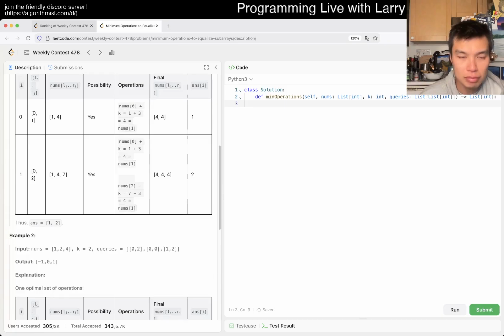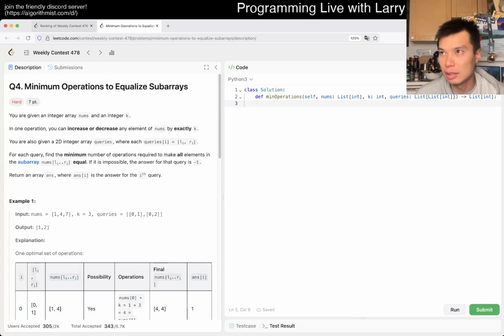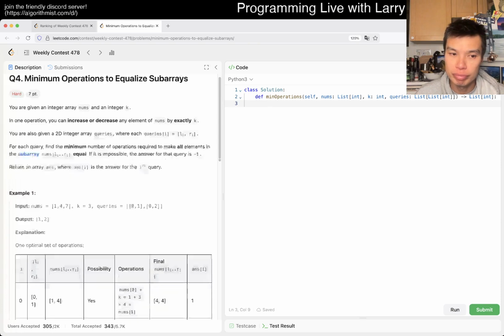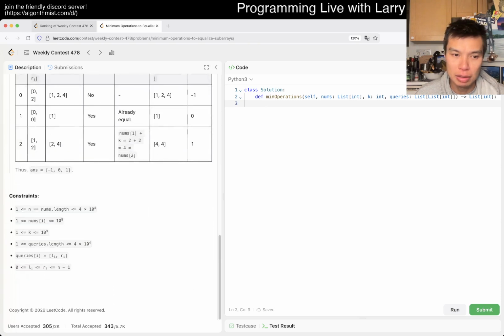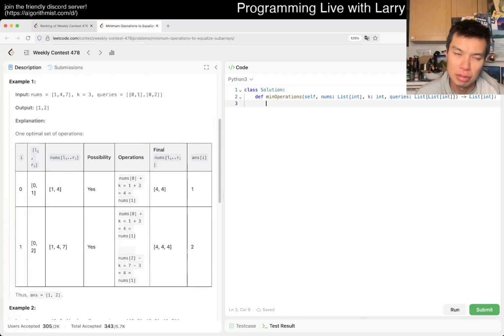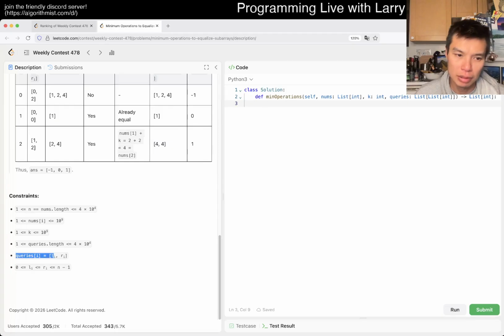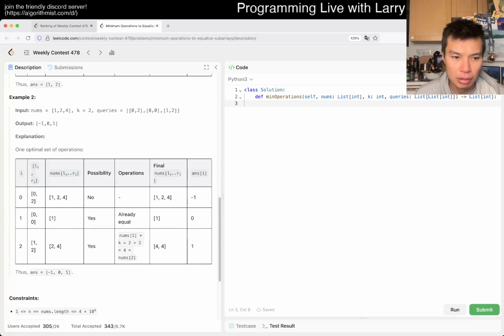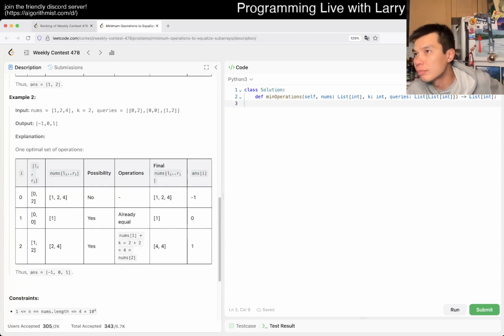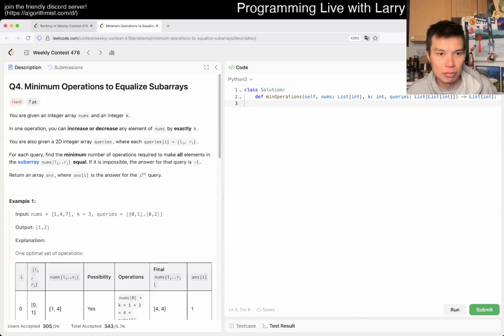Because once you get the median, then it is just a sum, and the sum is easy, right? So how do you get a median of a range? Can we pre-process? That could be tricky. I don't know how to do it anyway. Is there a median seg tree?